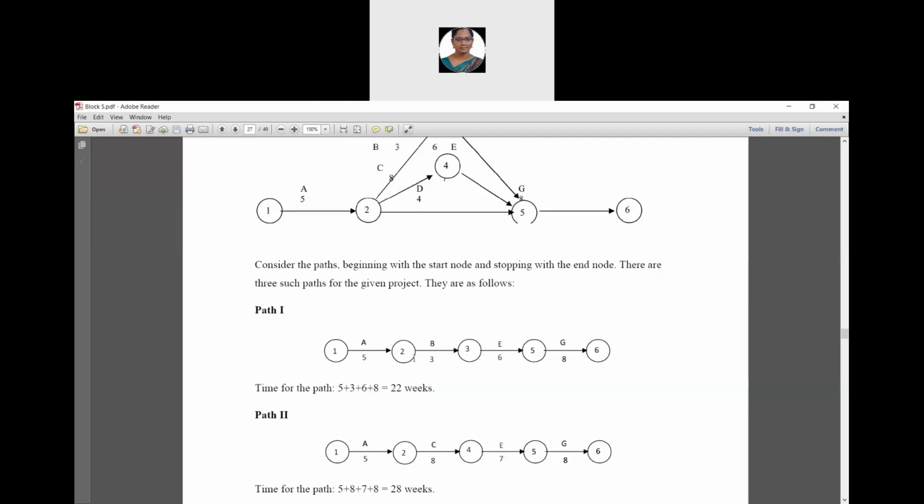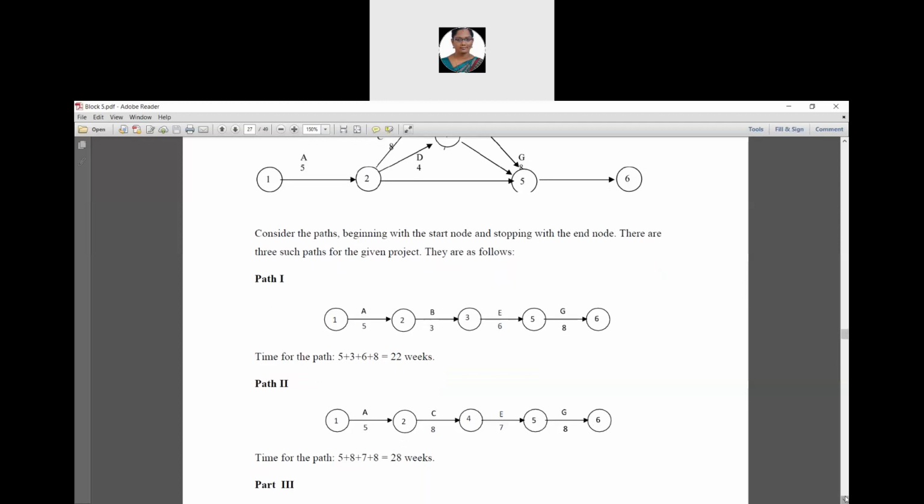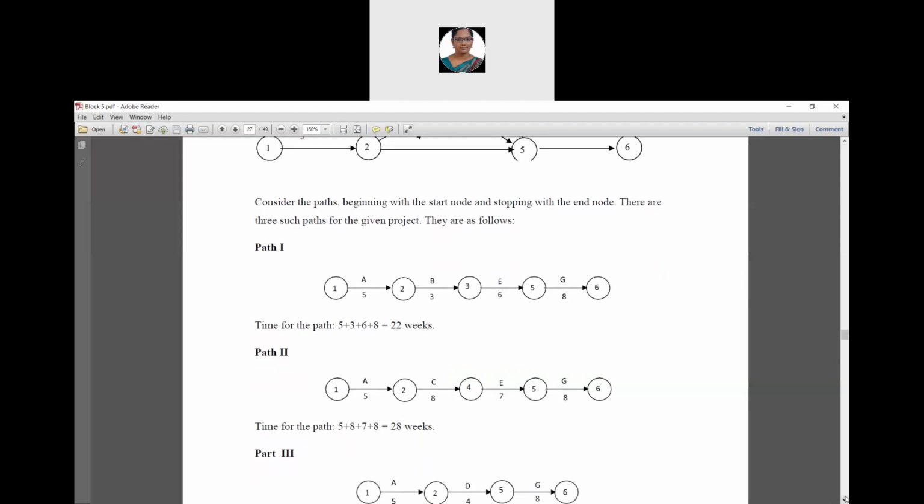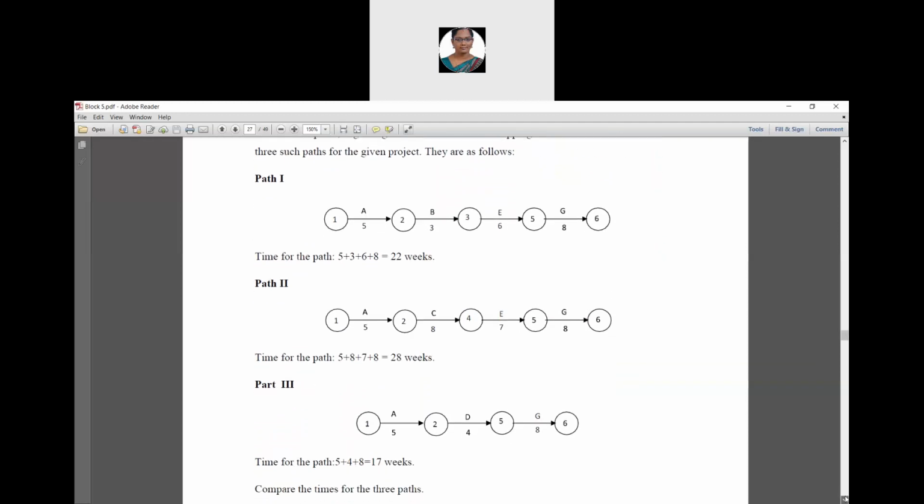So 1 to 2 has an activity A and its time duration value is 5. 2 to 3 has an activity B and its time duration value is 3. 3 to 5 has an activity E and its time duration value is 6. 5 to 6 has an activity G and its time duration value is 8. Then path time for this path is 5 plus 3 plus 6 plus 8. It is 22 weeks.